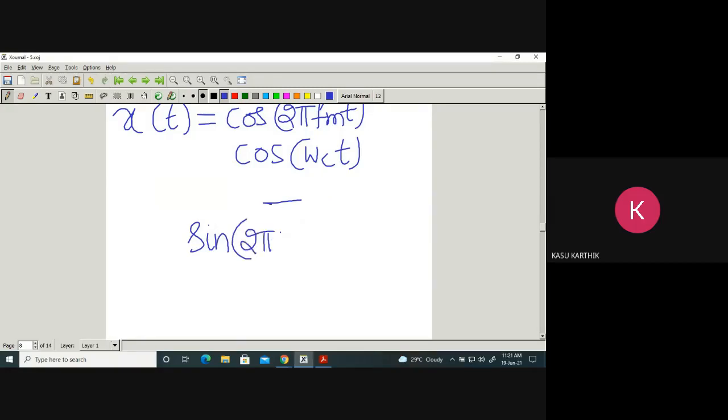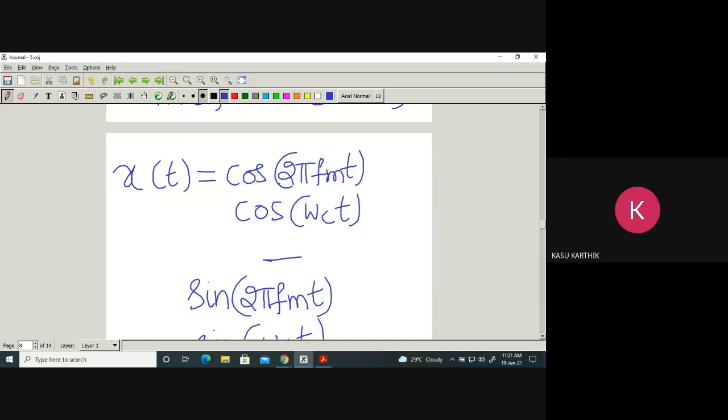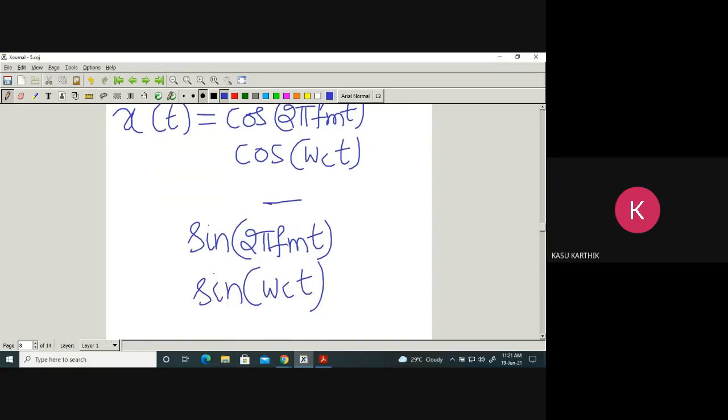So x of t is cos 2 pi fmt cos omega ct minus sin 2 pi fmt sin omega ct.